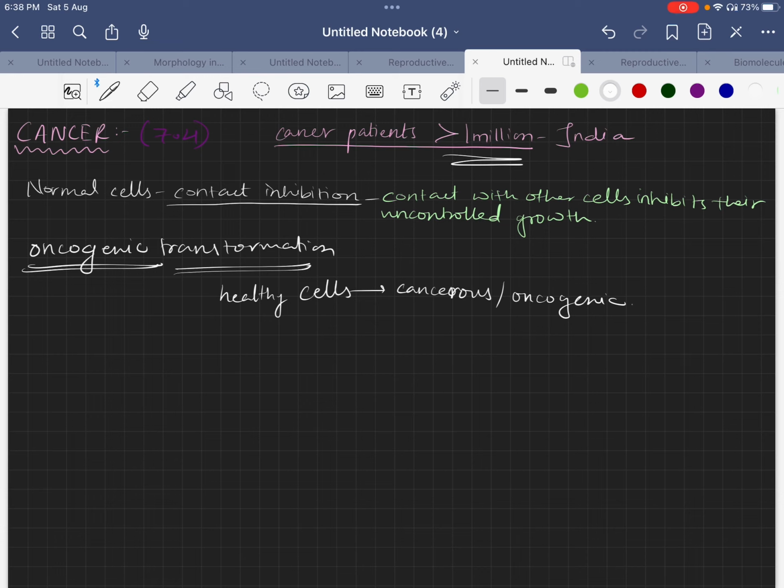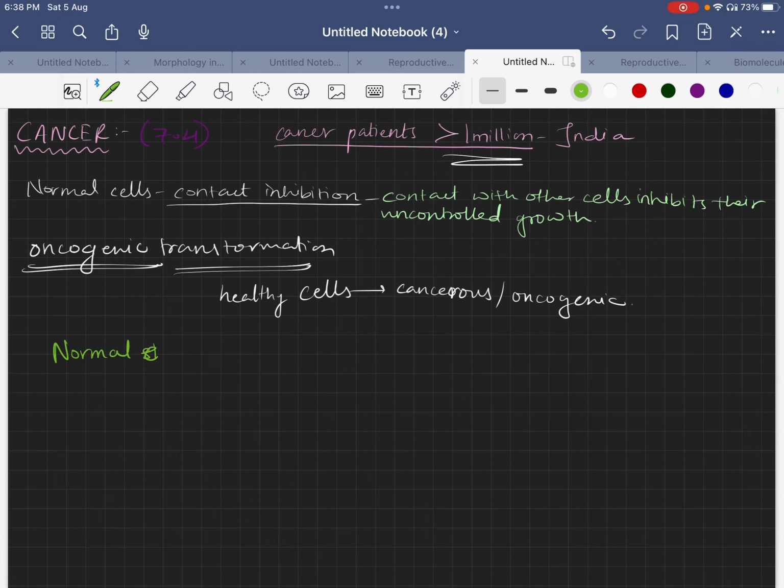Sometimes you must have seen how much tumors can grow. There are so many big tumors that have to be removed, and they can be from any part of the body. We'll read ahead.